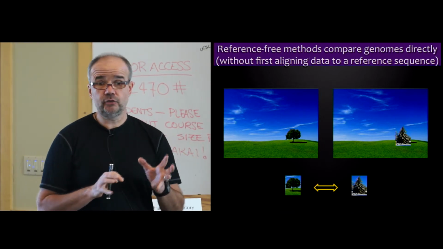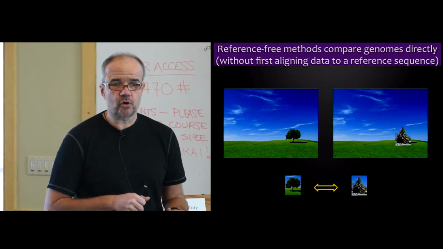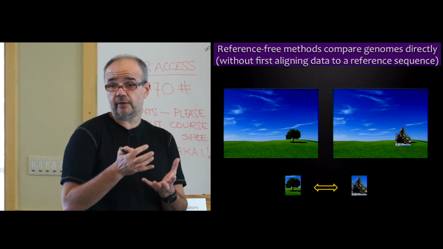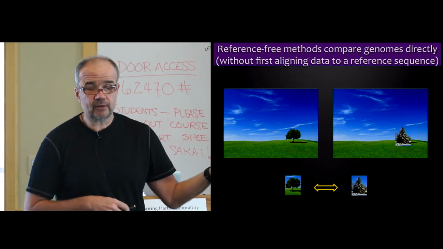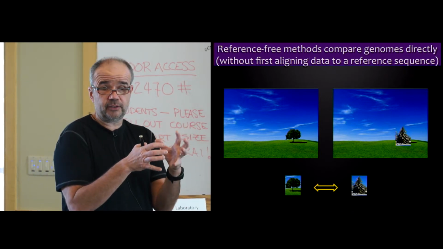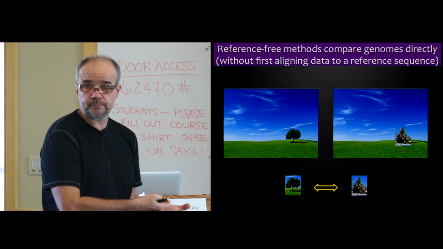You can imagine it's a well-suited approach in tumor sequencing, because what we want to know in a tumor is what the somatic variants are. We don't care about inherited variants in the first approximation. We just want to know what's different between the tumor tissue and the normal tissue from that same individual.